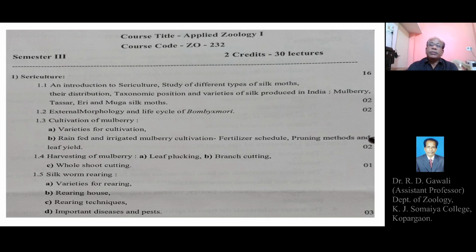Then just towards the south, like West Bengal, Orissa, Assam, where the climatic conditions are different, bivoltine strains of the mulberry silk moth can be grown, and the crop, that is cocoons, can be harvested twice in a year.